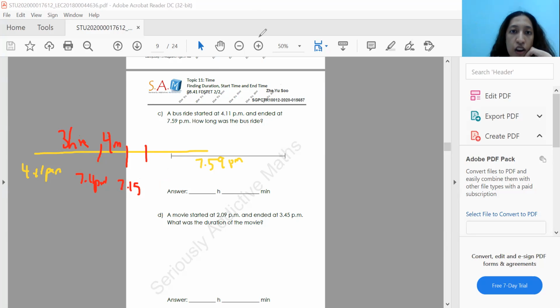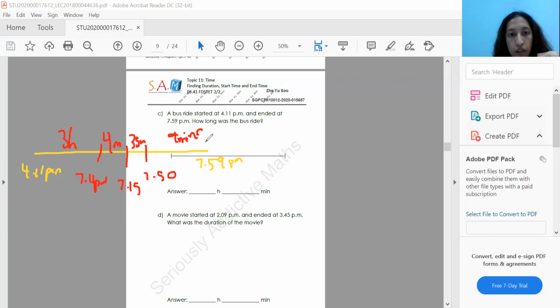So 7:15, let us do to 7:50. How many minutes? 15, 20, 25, 30, 35, 40, 45, 50, 35 minutes. So 35 minutes. 7:50 to 7:59 would be 9 minutes.